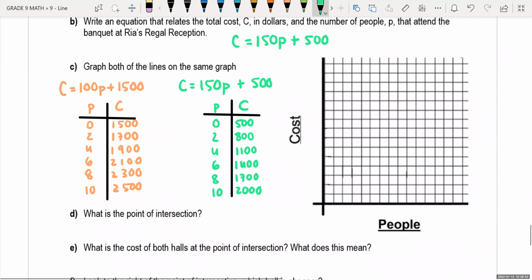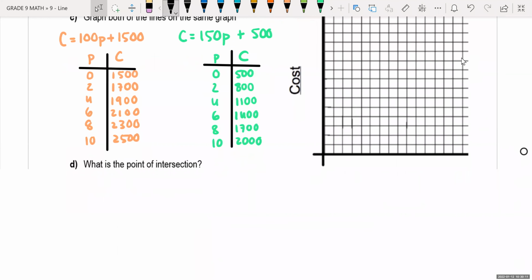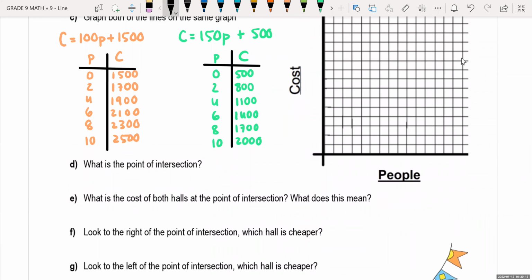Okay, so I have some numbers. Unfortunately, we did not get a scale for this one, so we're going to have to make our own scale. But that's okay. The bottom scale is pretty easy for the number of people because I just need to go up by 2.